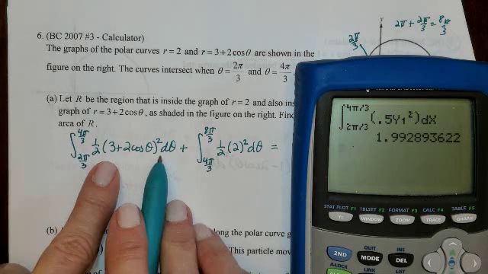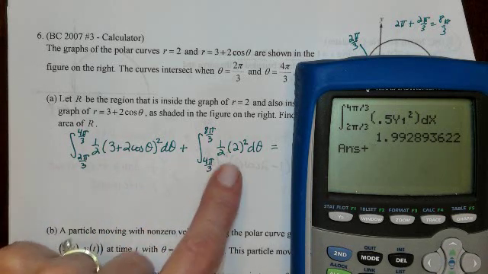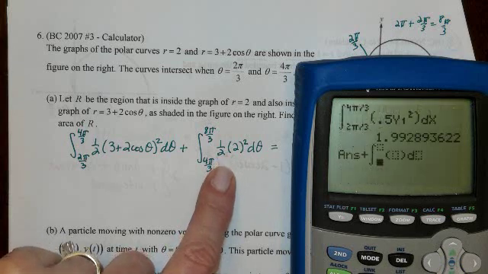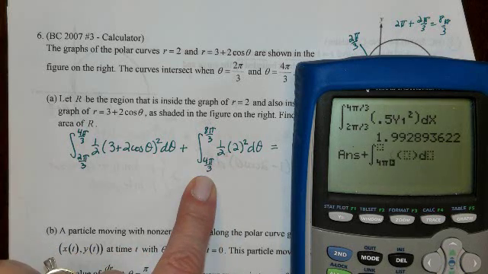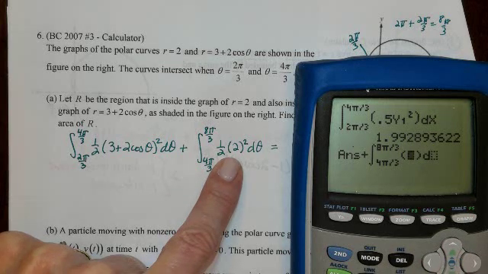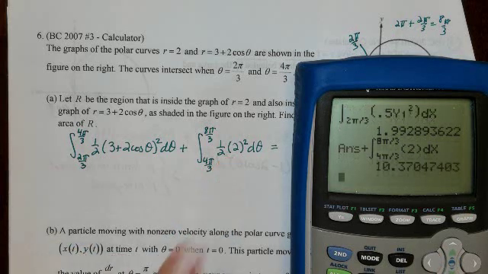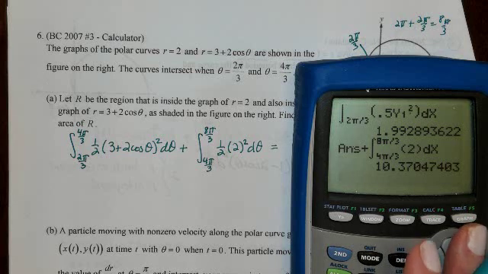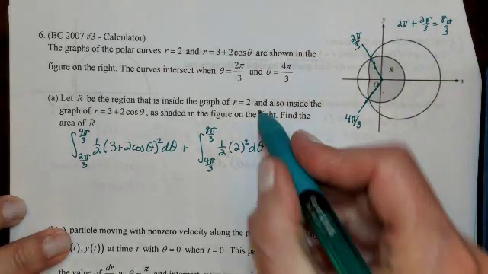That was just that piece. Now I'm going to add to that the integral from 4 pi over 3 to 8 pi over 3 of 1/2 of 4, and 1/2 of 4 is just 2. The combination of those areas is 10.370.